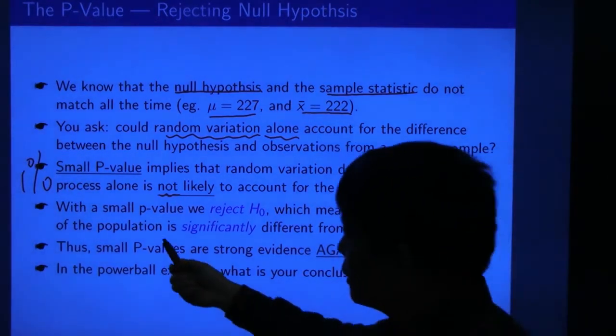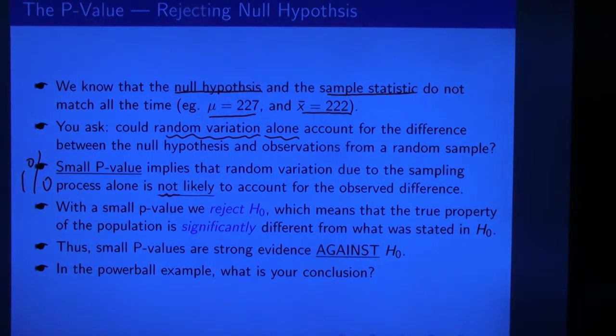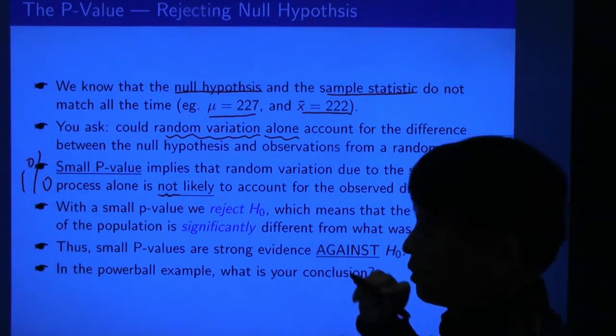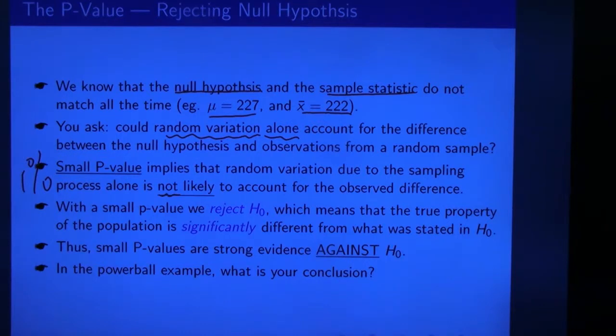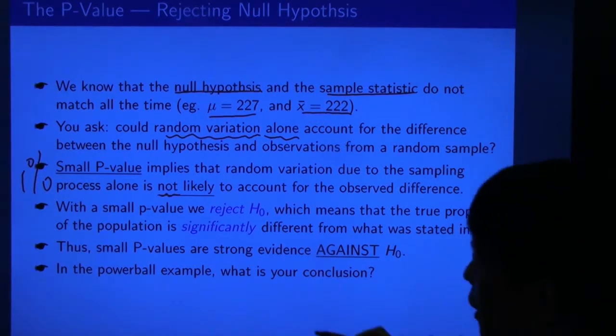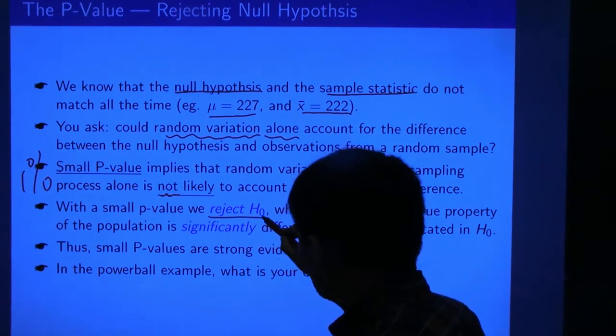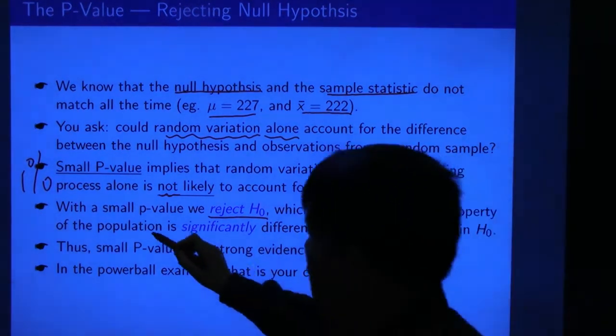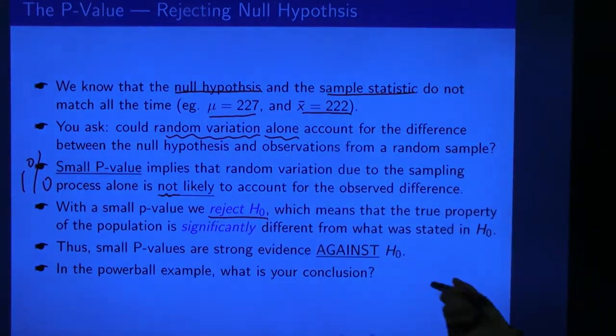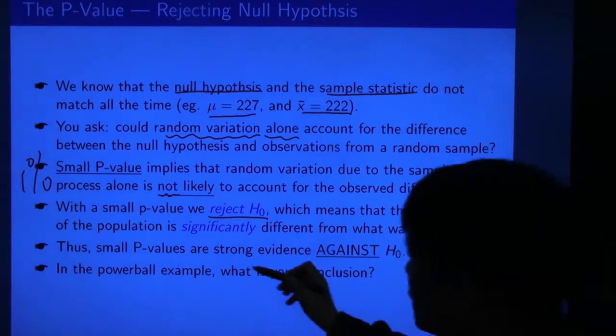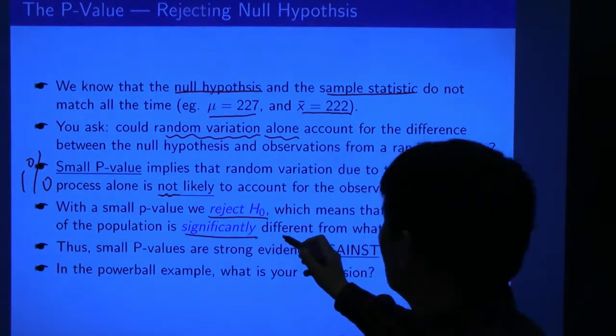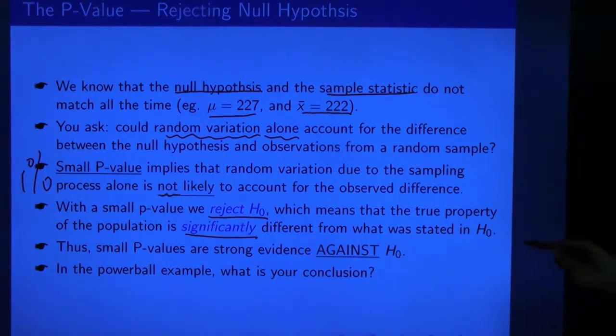So if we get a small p-value, then our conclusion will be we reject H0. We cannot accept H0. We need to reject. I want you to write exactly this wording: for a small p-value, our conclusion is we reject H0, which means that the true property of the population is significantly different from what was stated in H0.